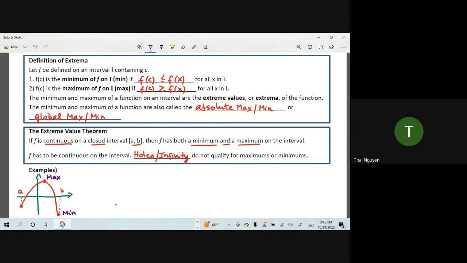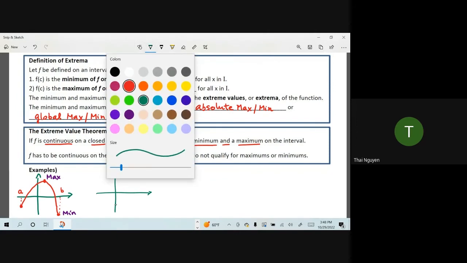That's a maximum that we're having here, an absolute max, and we also have an absolute min. I put max in here, but in the extreme value theorem, we're talking about the absolute max and min on that closed interval. So here is the absolute min and the absolute max. Okay, a is not a min or max.